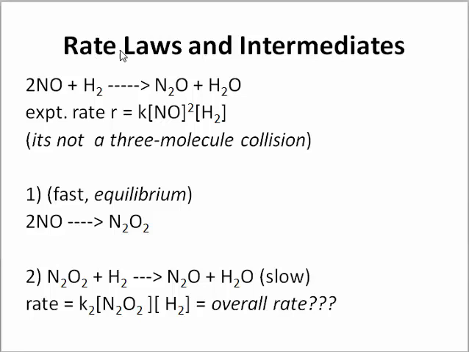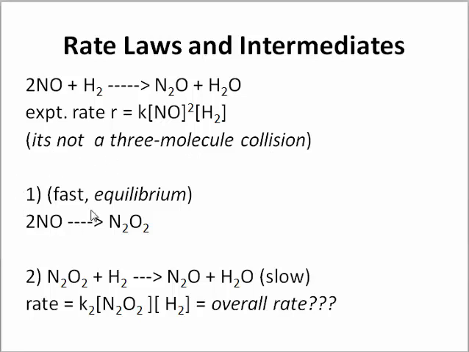Special care has to be taken with the role of intermediates in rate laws. For example, consider this reaction in which two NOs and H2 react to make N2O and H2O. The experimental rate is k times the concentration of NO squared times the concentration of H2. Now remember that we do not think that three-molecule collisions or three-molecule elementary reactions can occur.